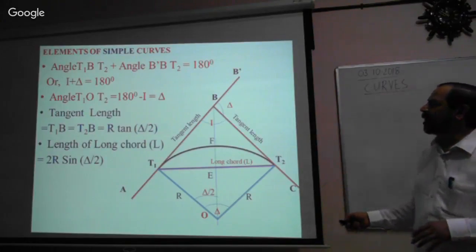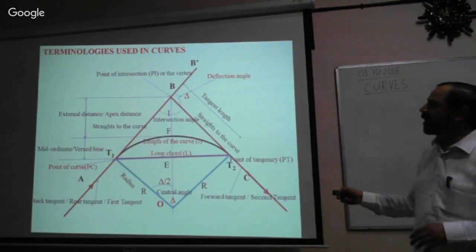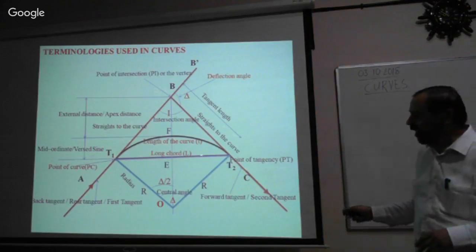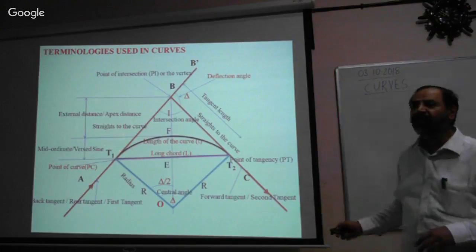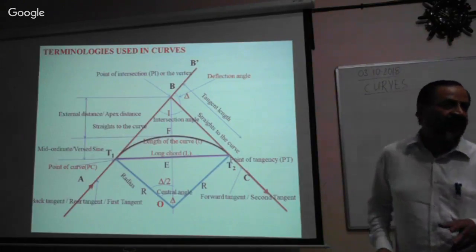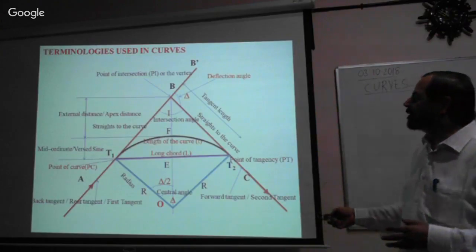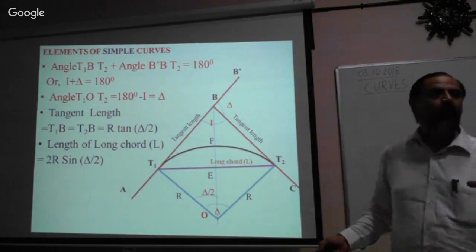I told you that this is the point of intersection, this is the curve tangent length, this is the long chord, and this is the curve. We should know how to calculate them. If you know these things, then our problem is almost solved.